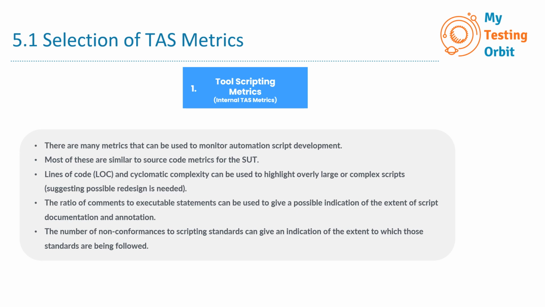Then we have the number of non-conformances to scripting standards, which can give an indication of the extent to which those standards are being followed. Okay, let's have a look at this now. Picture your script as a puzzle. Non-conformance to standards is like trying to put pieces from different puzzles together.